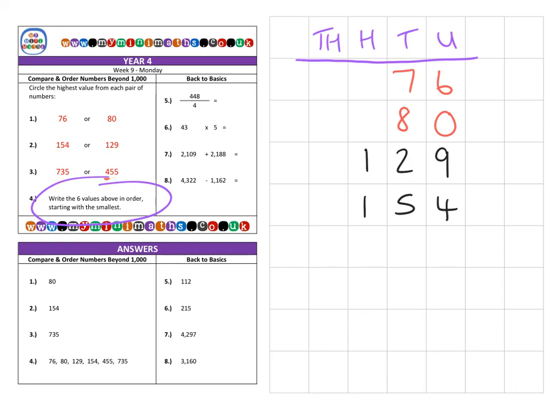And then finally we have the 2 values in question 3, and we can see that the 700 is bigger than the 400, so we're going to place the 455 next, followed by the 735 for the full list in order, starting with the smallest, which we call ascending order.